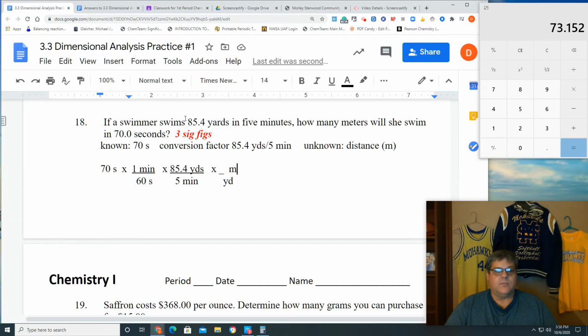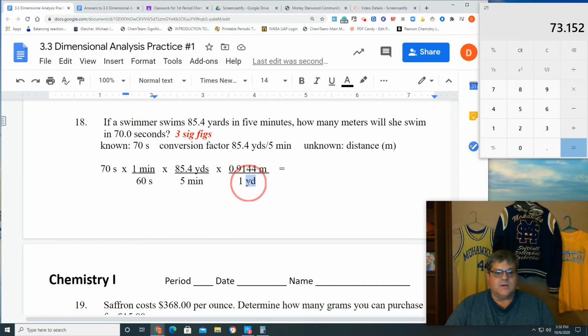So let's go back to the problem. We're going to say that 1 yard equals 0.9144 meters. We're going to underline this, excuse me, I keep saying highlight it. And we can put our equals in there. Now when I look at this, it looks like we can cancel out some of our units.